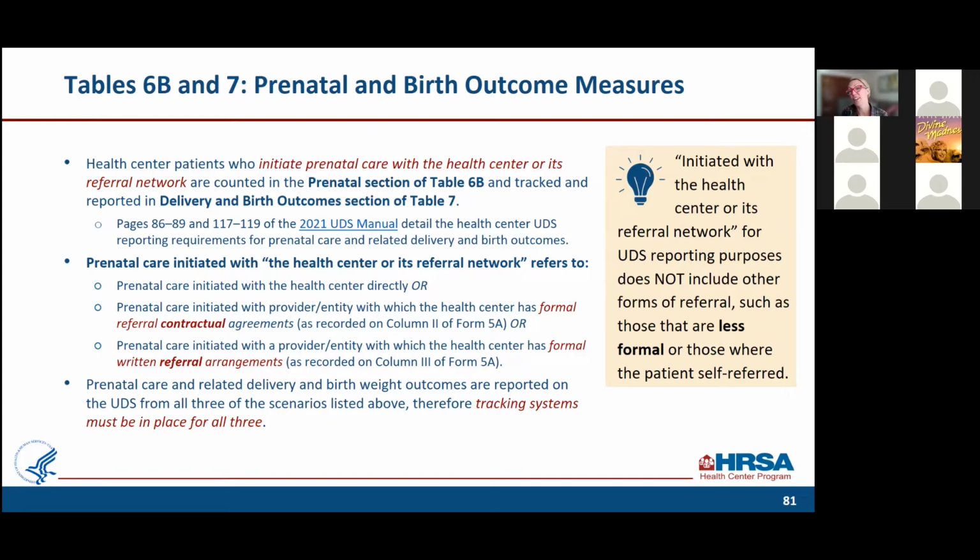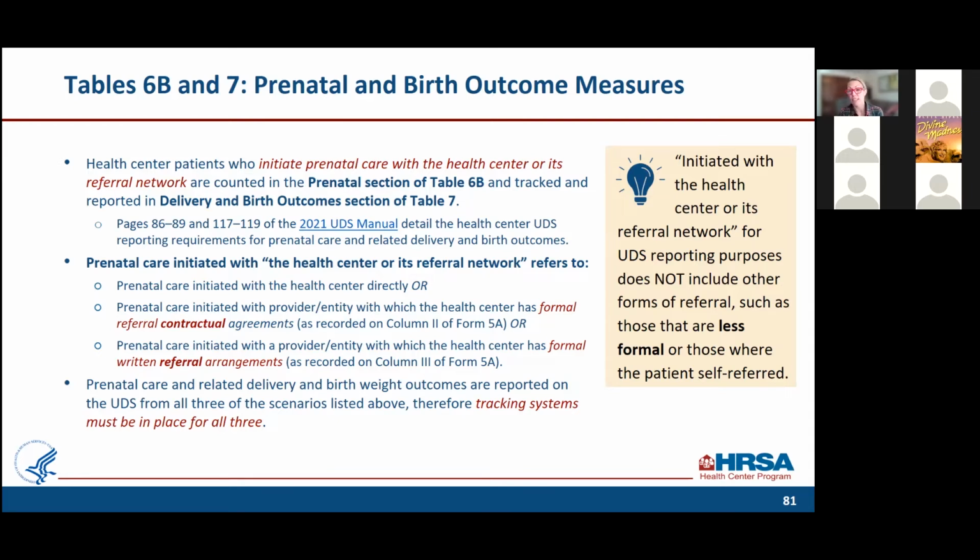Remember, prenatal care and related delivery and birth weight outcomes must be reported from all 3 of these scenarios listed above. Therefore, tracking systems must be in place for all 3, if applicable to your clinic. This also includes both patients who are referred for all of their prenatal care and those who are referred to a high-risk provider.